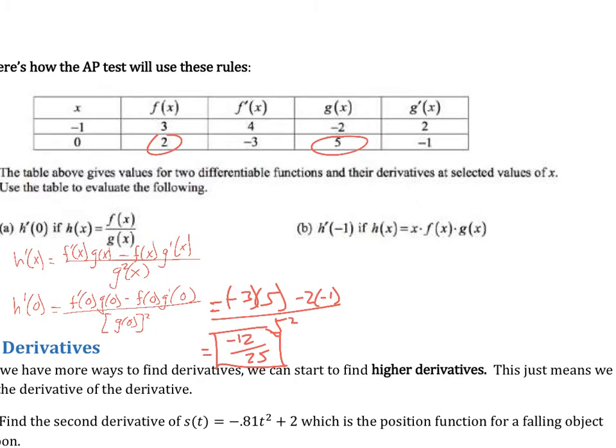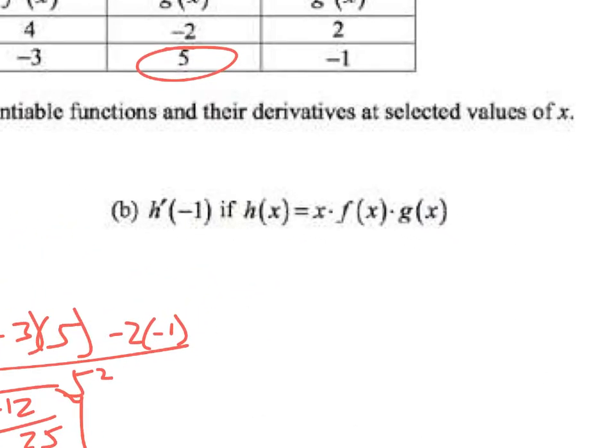How about h prime of -1? Find h prime of -1. Well, here we have a product function, okay? And so we can do this a couple ways. Let's think of it first of all like that, okay?